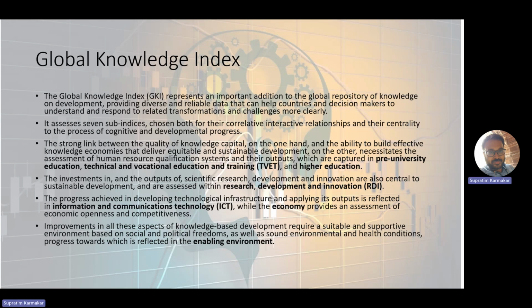The progress in ICT, technical and vocational education training, pre-university education, higher education, research, development and innovation. These are the key parameters of the Global Knowledge Index.